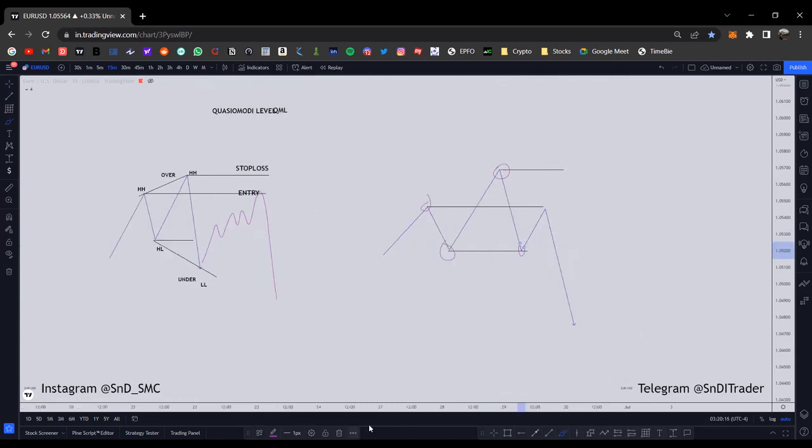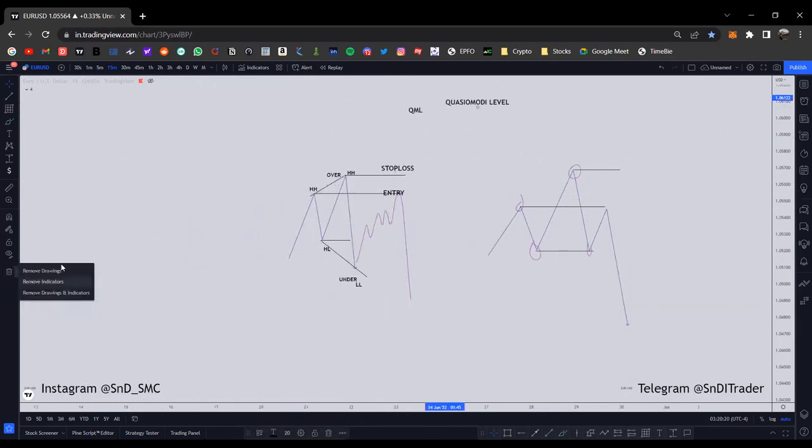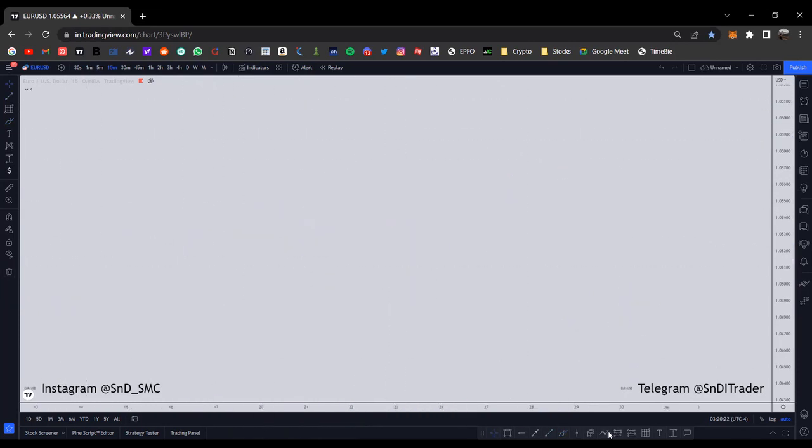Okay, so let's give some more examples here. Whenever price makes a higher low, lower high, lower low, higher high.